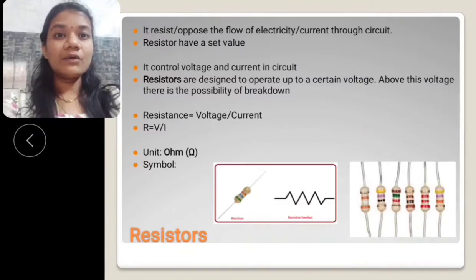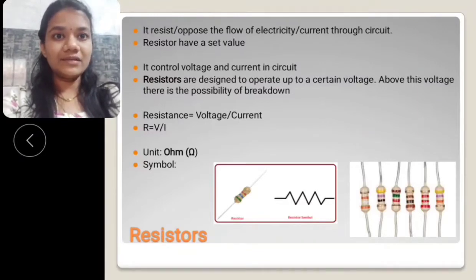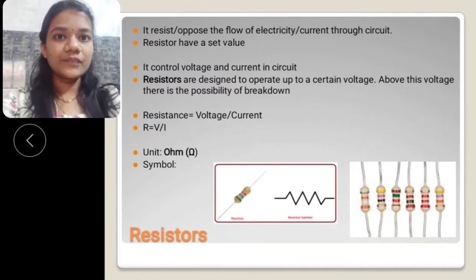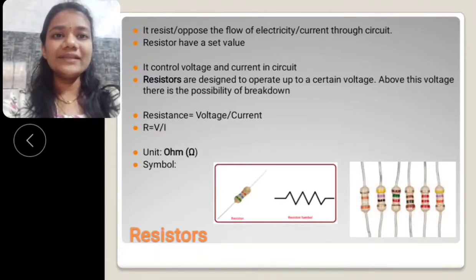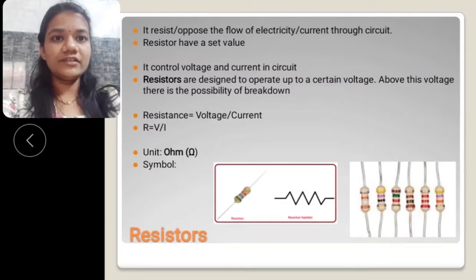We all know that a resistor has a set value of resistance, or it may have color codes on its body. While using the color code, we have to calculate the value, but the resistor has a specific value. The main thing is it controls voltage and current in the circuit.